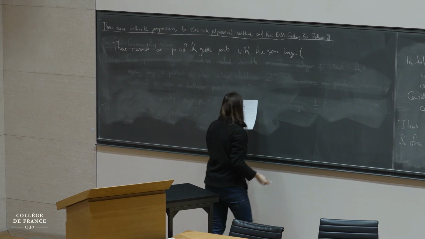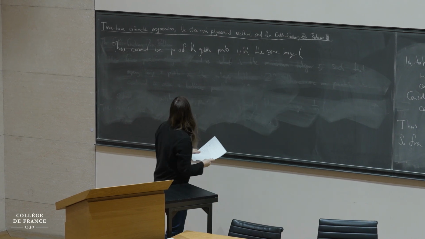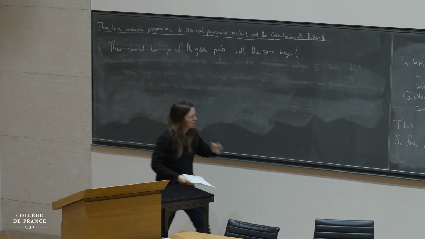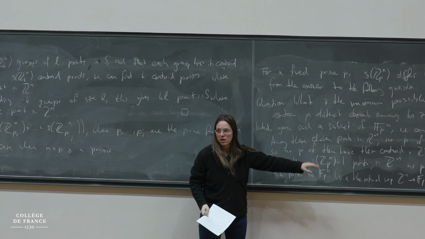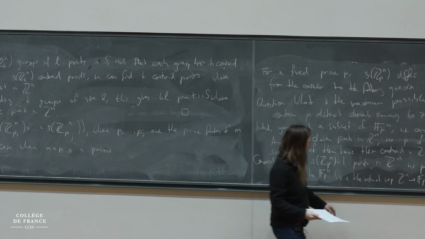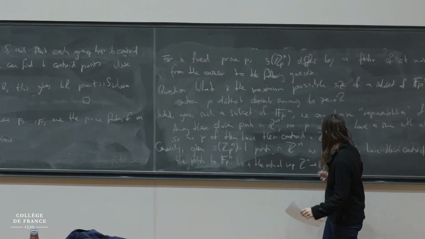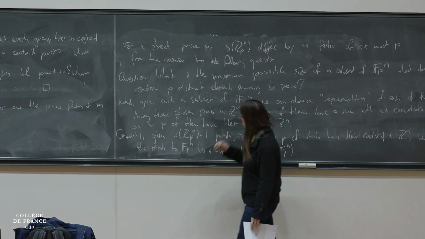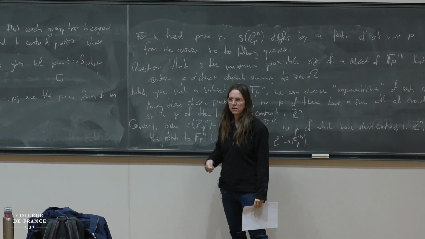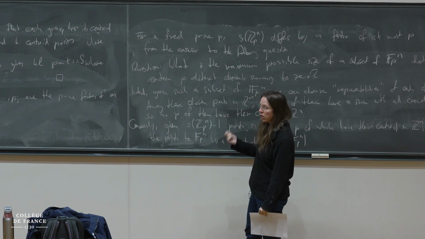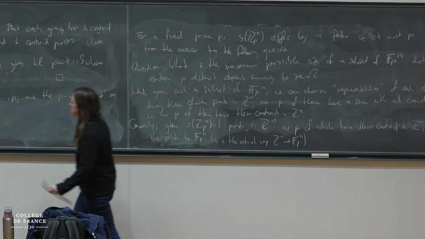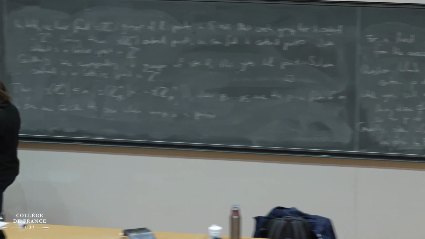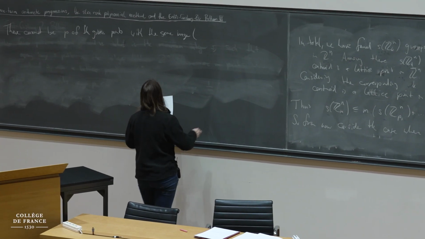So why is that? If there were p points among those points which all had the same image, then that would mean that those p points project to the same point in F_p^n. So in other words, those p points have all the same remainder in the first coordinate modulo p. They all have the same remainder in the second coordinate modulo p, and so on. So that means their sum would be divisible by p in all coordinates.